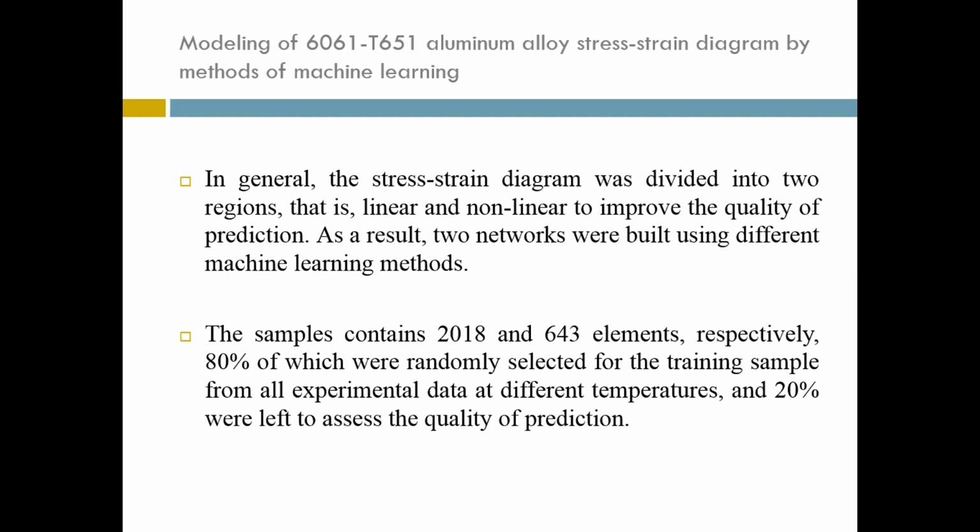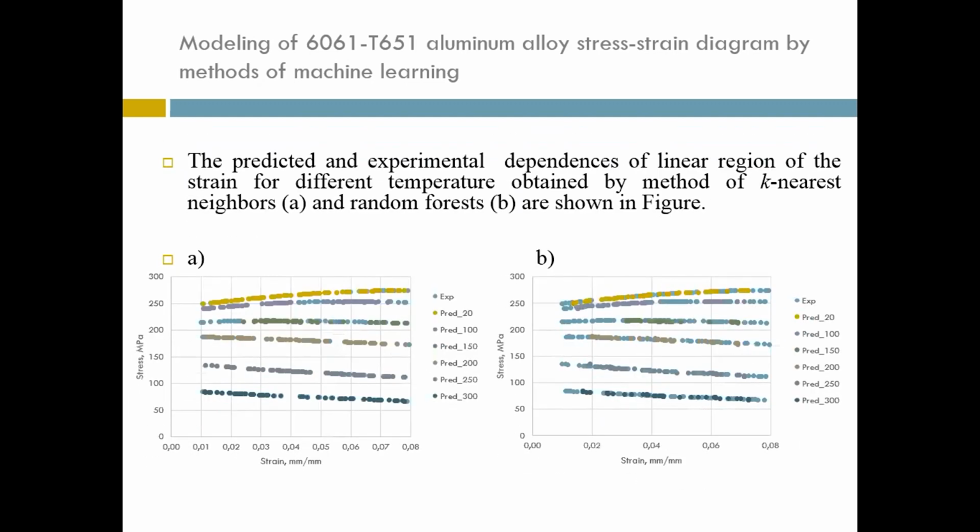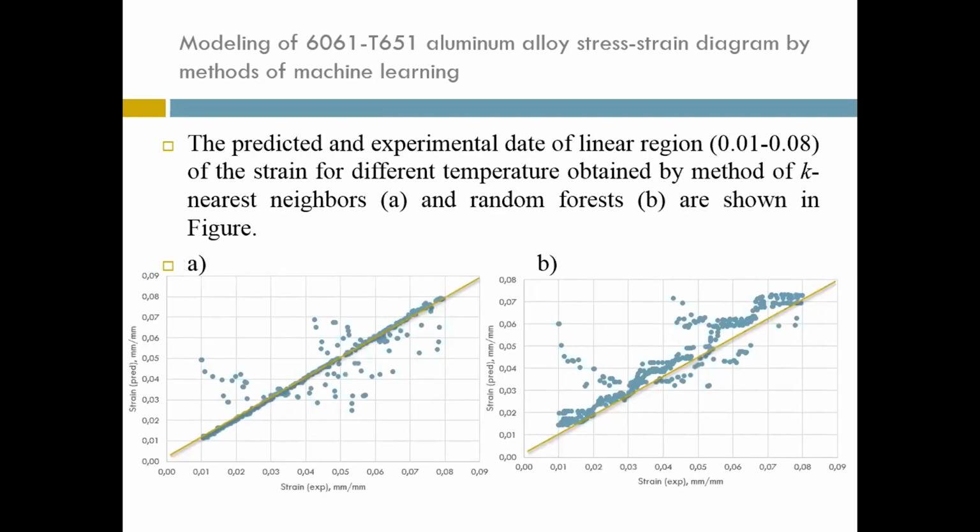As a result, we built two networks. Here you can see the predicted and experimental data for the linear region of the strain for different temperatures obtained by the first method, K-nearest neighbors, and the random forest.